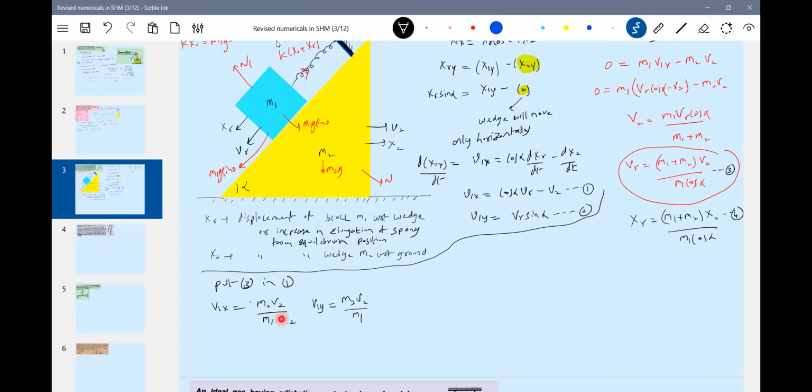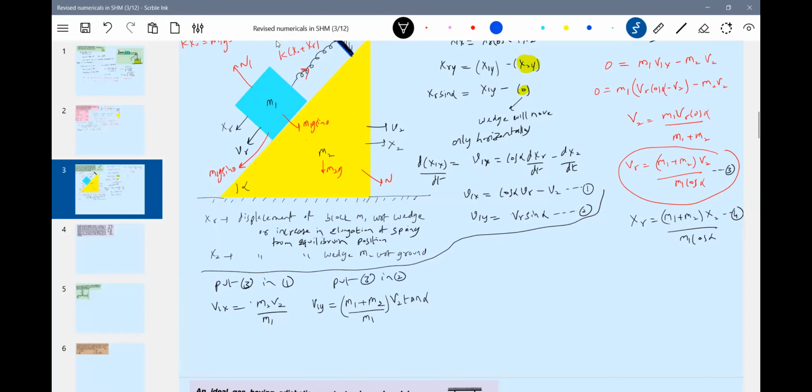Yes. V1Y, M1 plus M2 by M1 V2 tan alpha. Yeah, put 3 in 1, put 3 in 2.